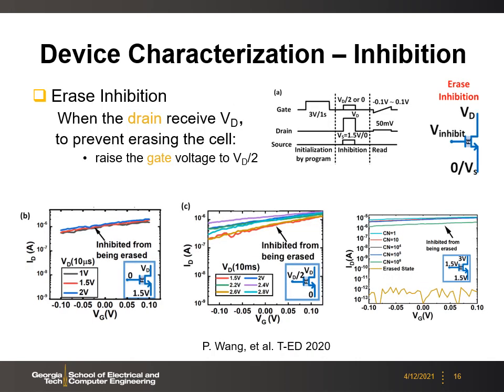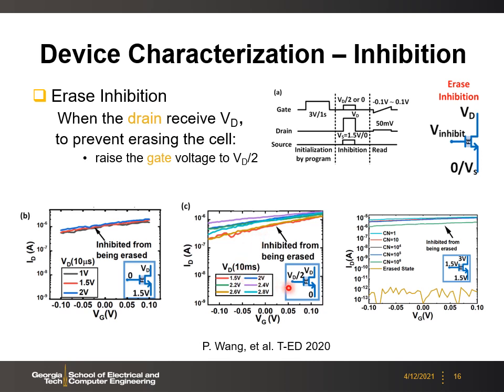The drain erase is effective for the selected cell, but we also need to consider the inhibition of the unselected cell in the array. For example, if we have the drain voltage applied to the unselected cell, then we need to apply gate voltage to inhibit the cell from being erased. And here we experimentally validated the inhibition condition.